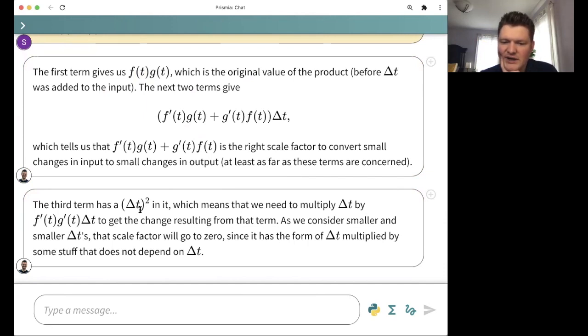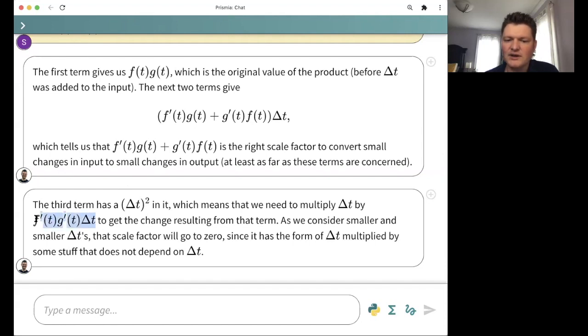But another way of thinking about this that maybe tightens that up a little bit is that delta t squared factor. If you're thinking about what scale factor I need to multiply delta t by to get this change, the factor you need to multiply it by still has a delta t in it. After you factor out one delta t like we did here, there's still another delta t left.